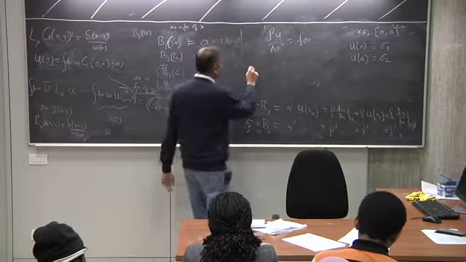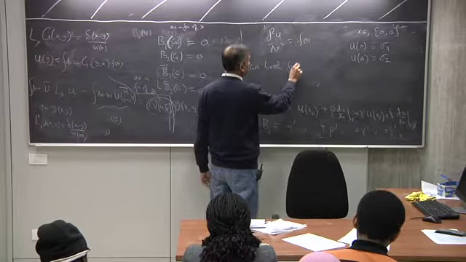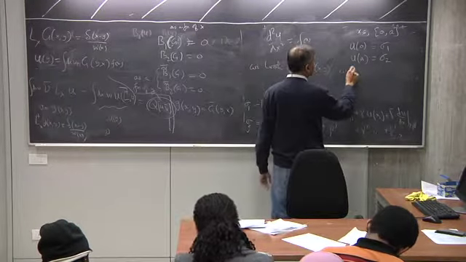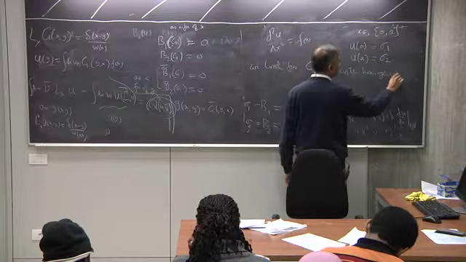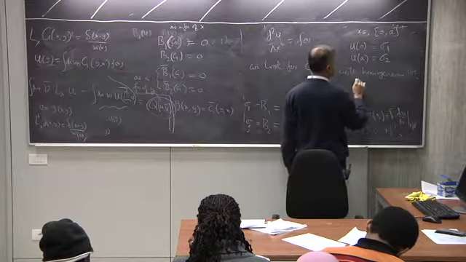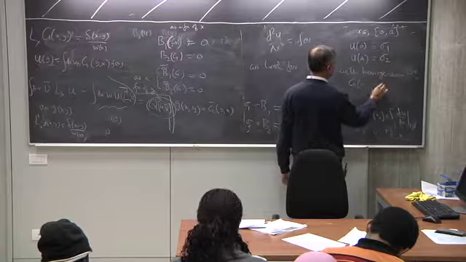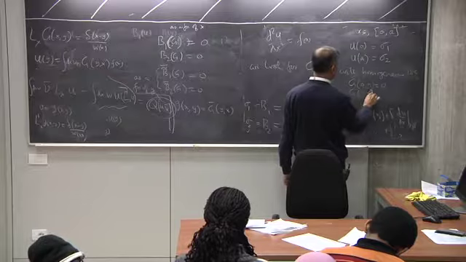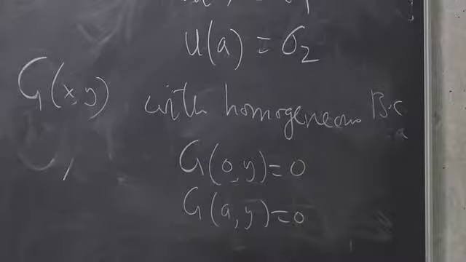So, we look for the Green's function g(x,y) with the homogeneous boundary conditions, which means just set sigma 1 and sigma 2 equal to 0, which is simply that g at (0, y) equal to 0 and g at (a, y) equal to 0, right, the 2 boundary conditions. So, this satisfies the homogeneous boundary condition, and this we already constructed.